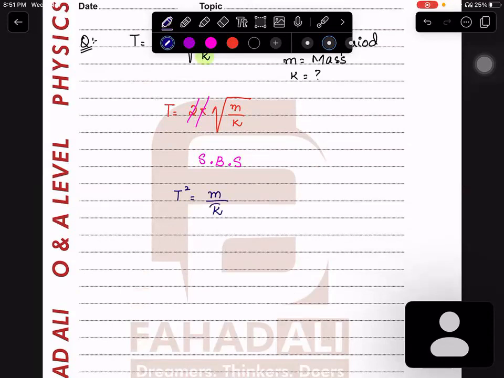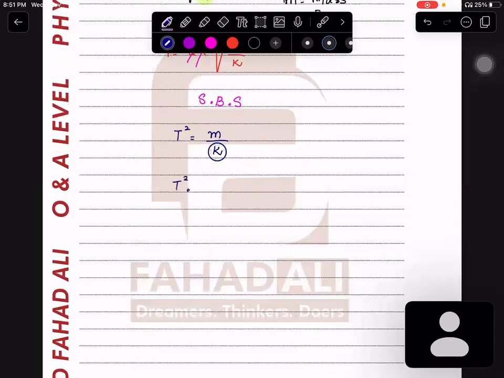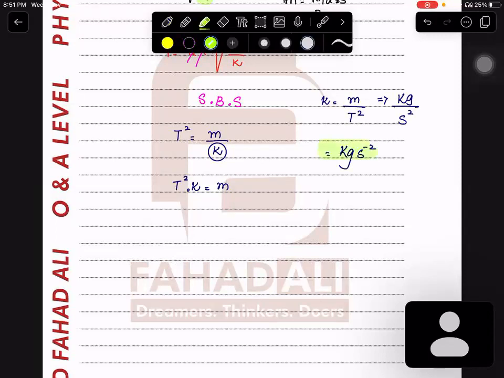In order to find the value of k, this becomes T square into k is equal to m. k is equal to m over T square. m becomes kilogram, T square is s square. So this becomes kg s minus 2. Musaf, check where your working is going wrong.